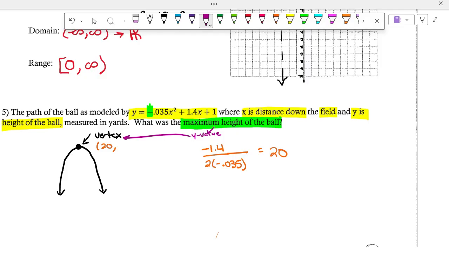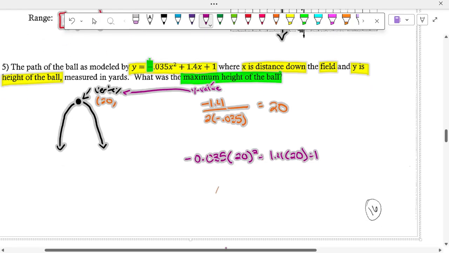So now we need to put 20 back into our original equation. This will be negative 0.035 times 20 squared plus 1.4 times 20 plus 1. And again, I'm just going to type this into my calculator.